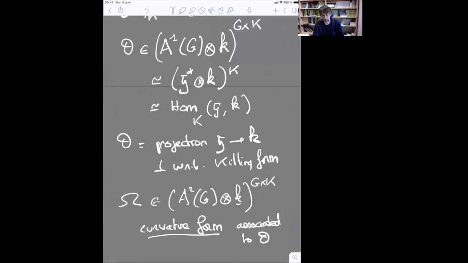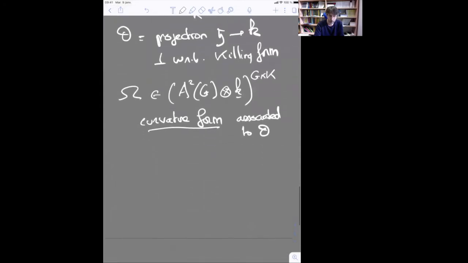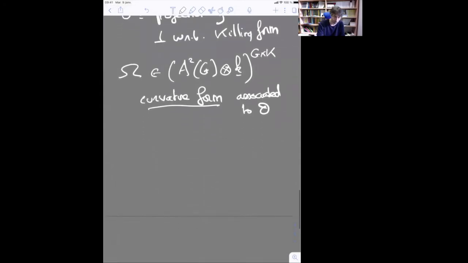Now, this is only related to the bundle G over G mod K, and now we want to put in the picture the V space. So I will now consider the associated bundle, which is G times_K V. I will explain the definition.